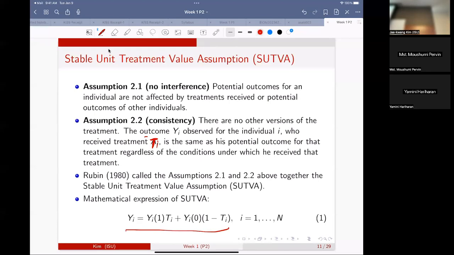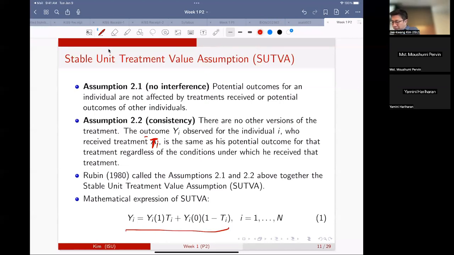So the observation we have is simply one of the two potential outcomes, and there's nothing else, right? No other. So sometimes in a survey, for example, if you ask what is your annual income, then if you want to pretend you are richer than you really are, you may exaggerate your income, right? Something like that. But we are not really going to talk about this in this class.